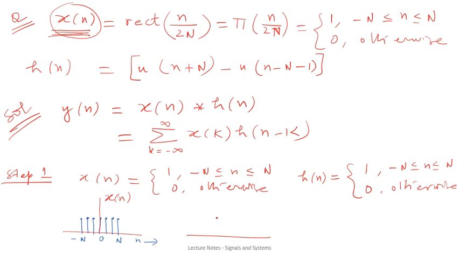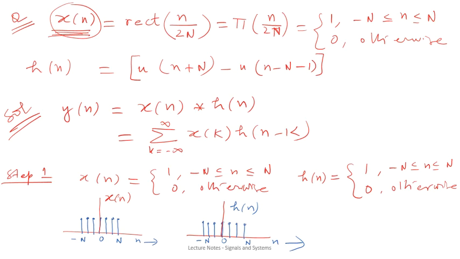Similarly, if you represent h[n], it will also be drawn in the same way, as the mathematical expression is the same. So this is h[n] from minus N to N.